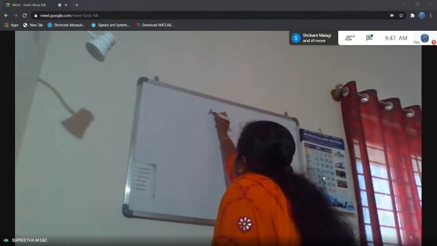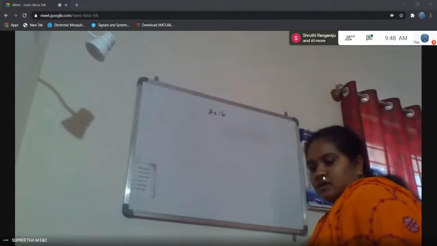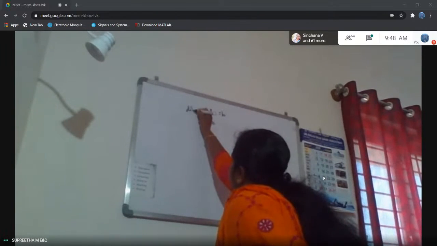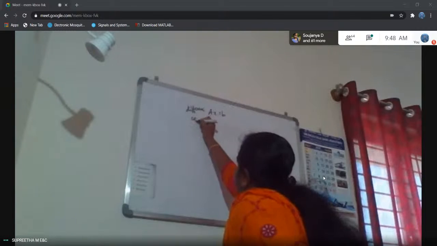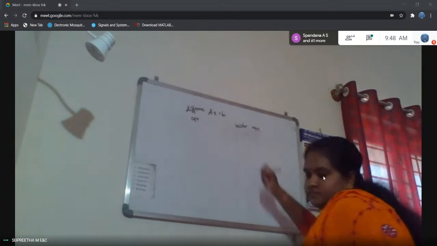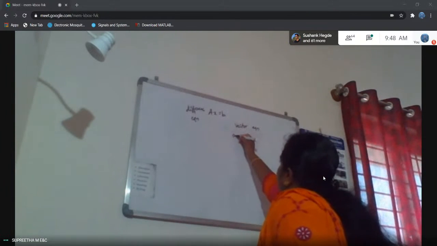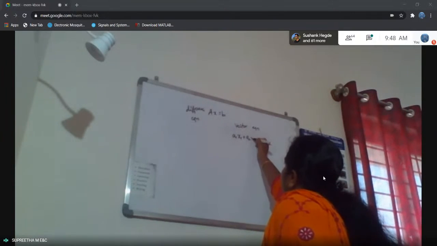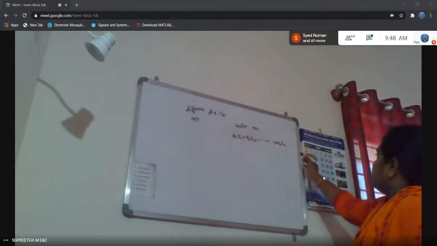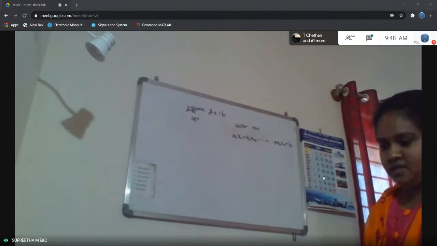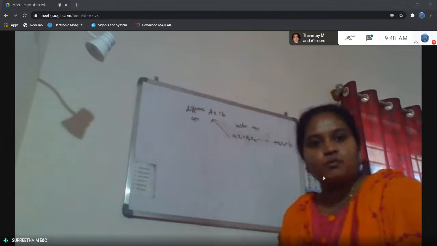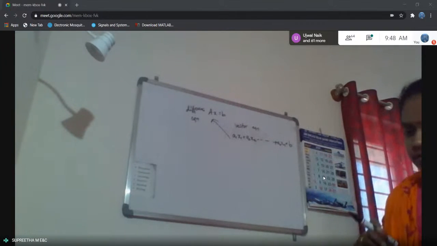The vector equation A1x1 plus A2x2 and so on up to Anxn equals vector B has the matrix representation Ax equals B, as we have already seen.